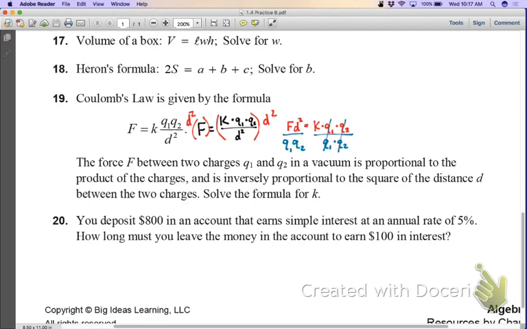Gone. So K is equal to force times the distance squared all over charge 1 and charge 2.